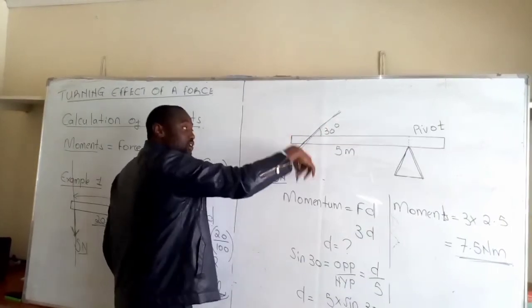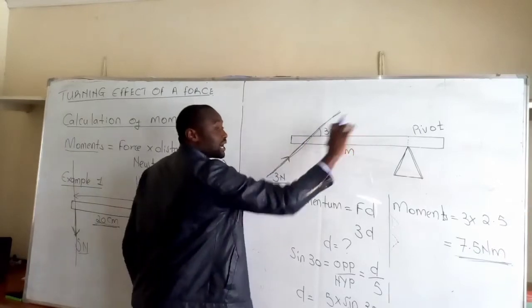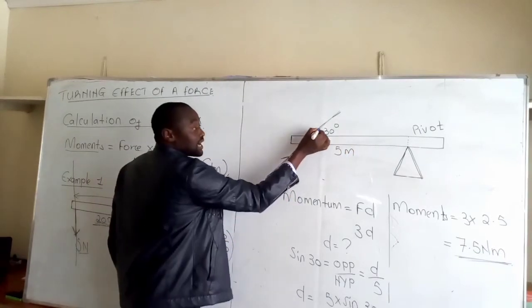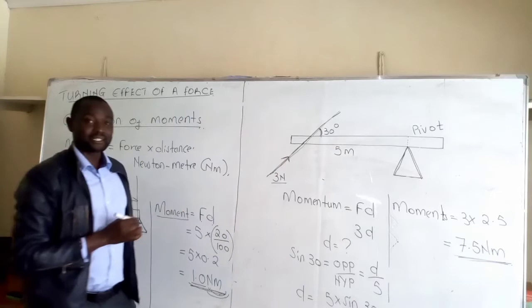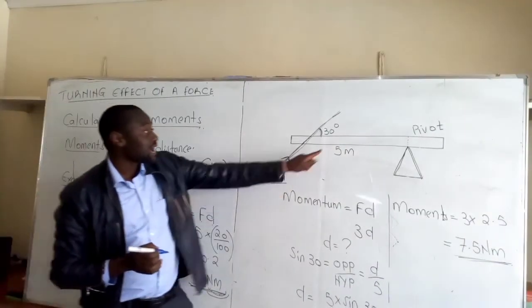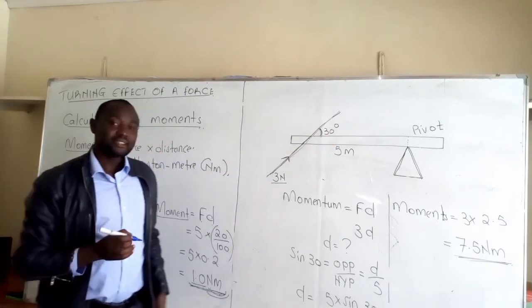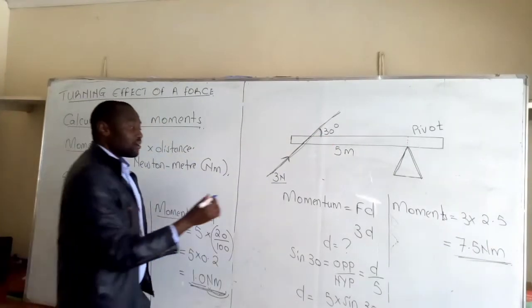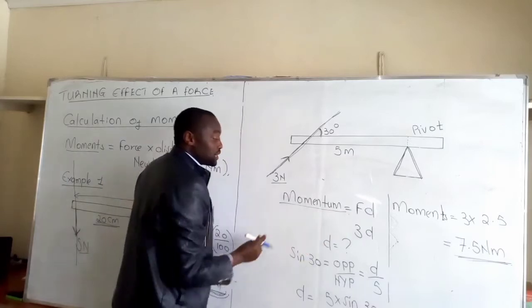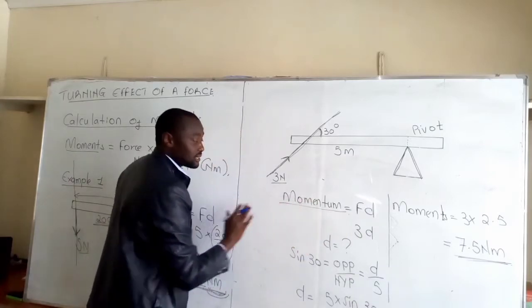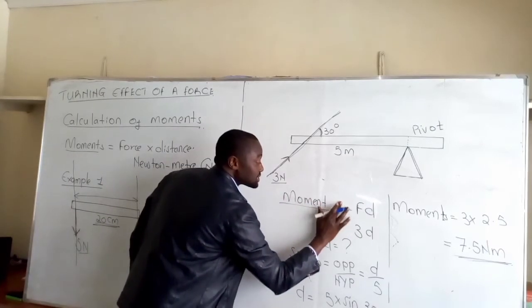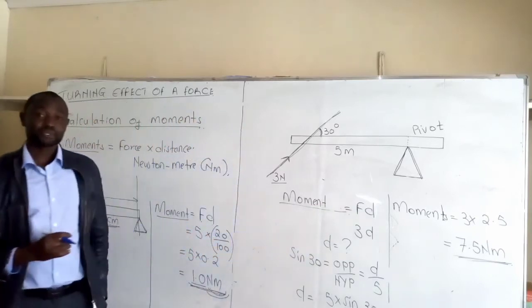Therefore, it's not perpendicular to this bar. The angle at which the force is acting on this bar is an acute angle of 30 degrees. Then in this case again, still our moment will be, and you can see that this is not supposed to say momentum, that's supposed to be moment.